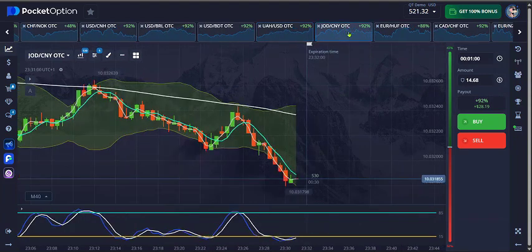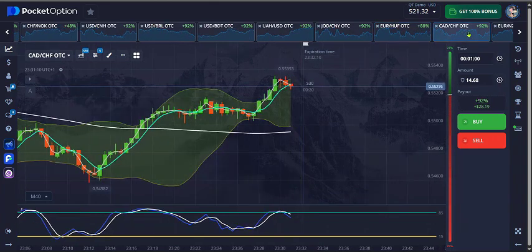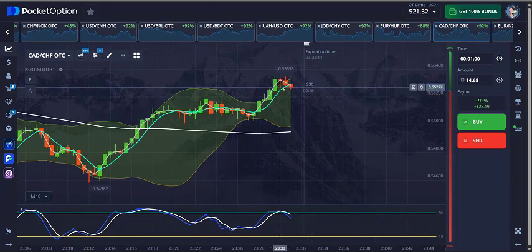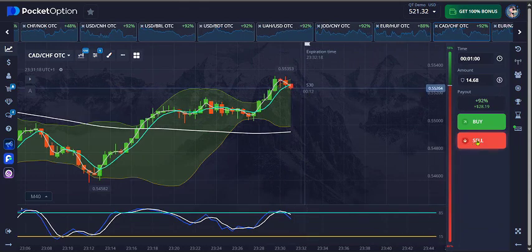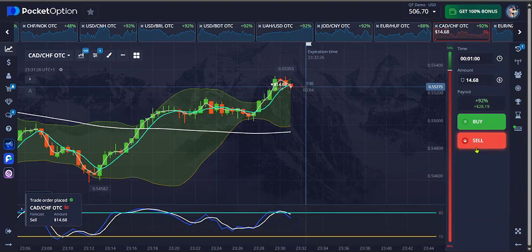Looking at the previous trades I've taken, I would say I was a little bit impulsive. You understand, I didn't quite wait for all of this to meet up. You can see, like here now, I'll take a sell position here.